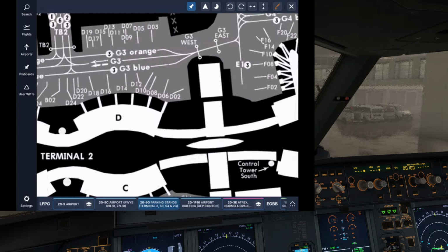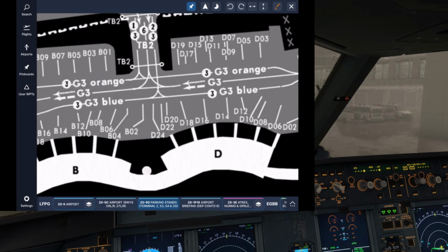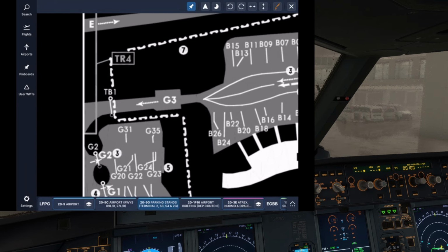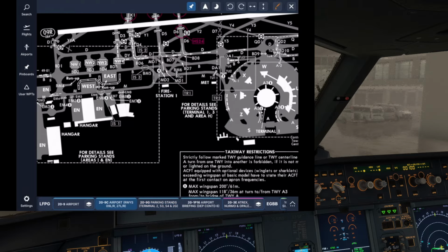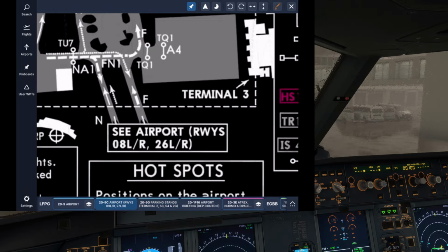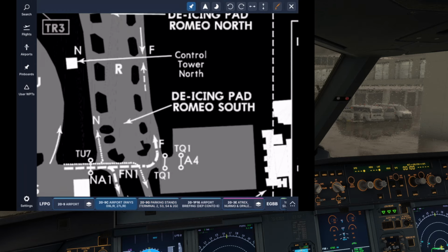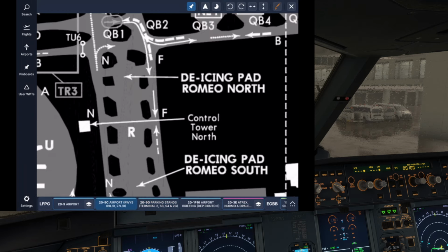This then is going to be pushing back on stand, and we'll be facing to the west on Golf 3. So we will then presumably taxi out, and then it's going to be a right-hand turn onto Foxtrot, and then another little right to keep onto Foxtrot as well.